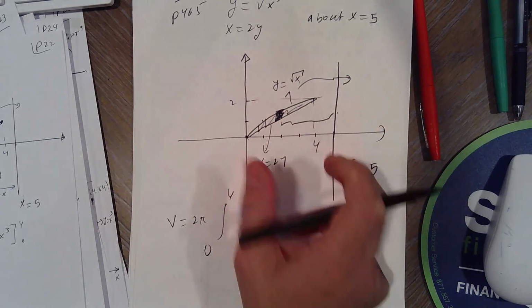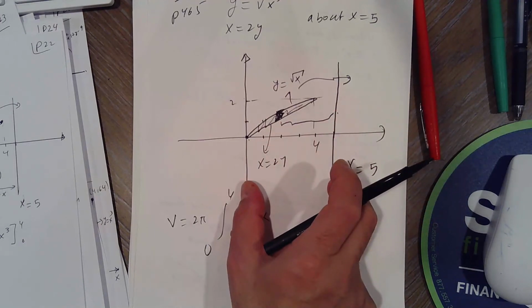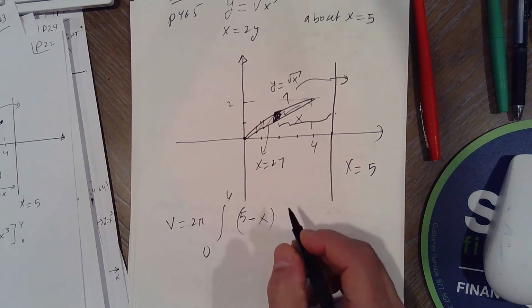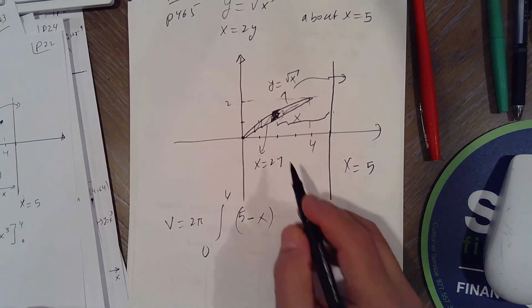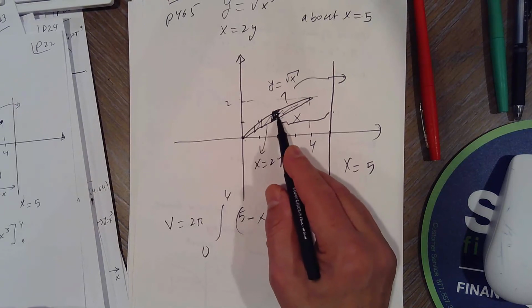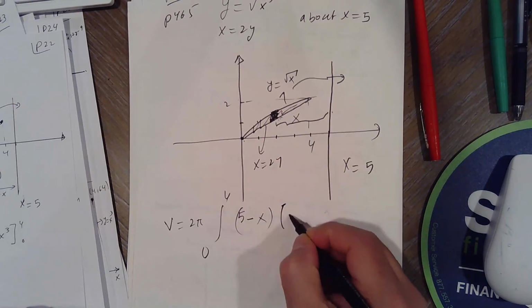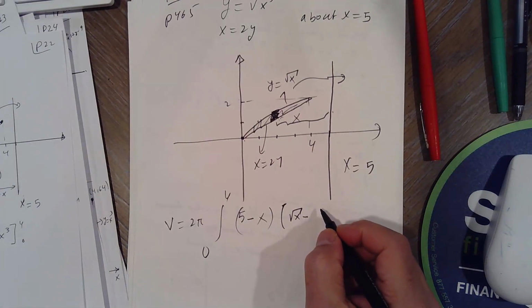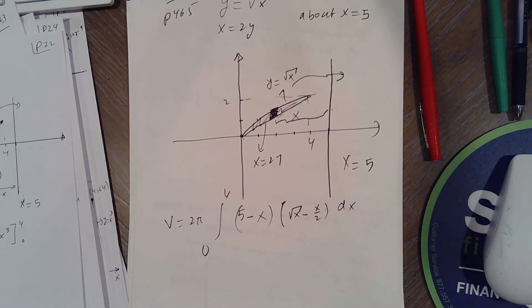This is x. That's 5. So it's 5 minus x, and then this one, if we want this height, it's going to be root x minus x over 2 dx.